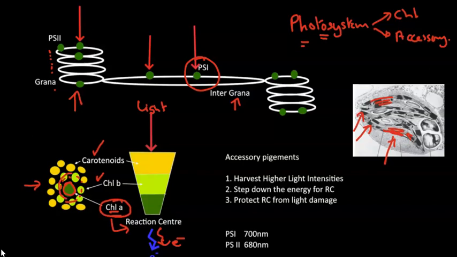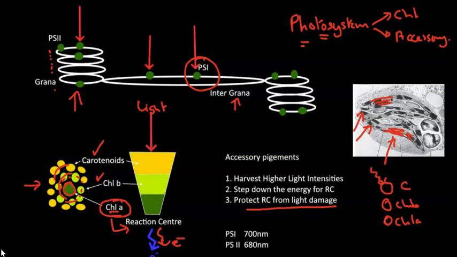The pigments which are surrounding it are understood to, first of all, protect the reaction center from high intensity damage of light. So it's possible that chlorophyll A could be damaged by very intense light, but this doesn't happen. If we think about it like this, here's the chlorophyll A, here's chlorophyll B, and perhaps a carotenoid here, and very intense light is absorbed by the carotenoid.